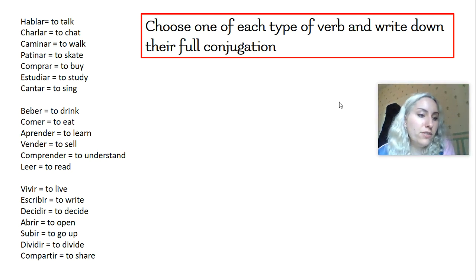You've got a range of infinitive verbs here, and they are organised into AR, ER, IRs. Choose one from each group and write down their full conjugation with the endings on. Pause the video now so you can keep the screen on.